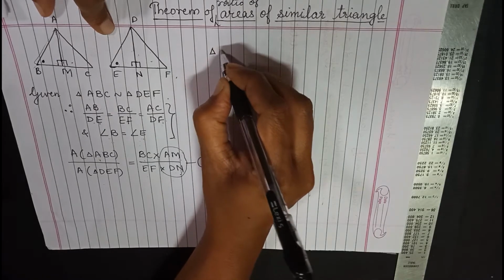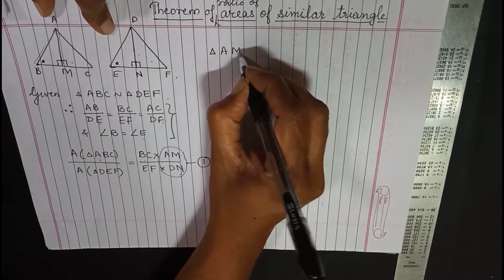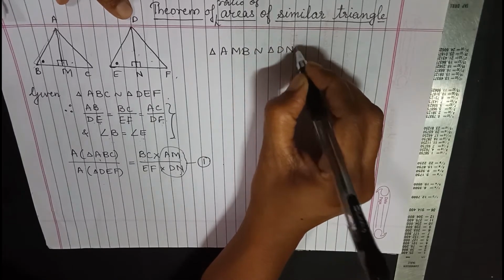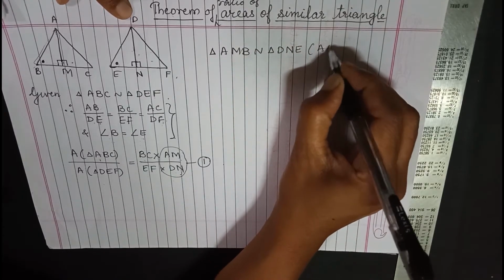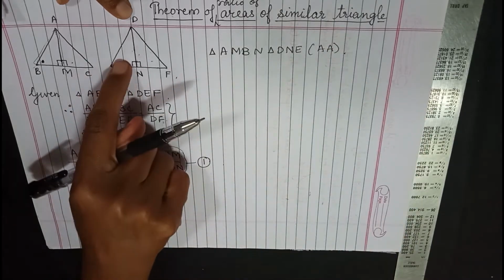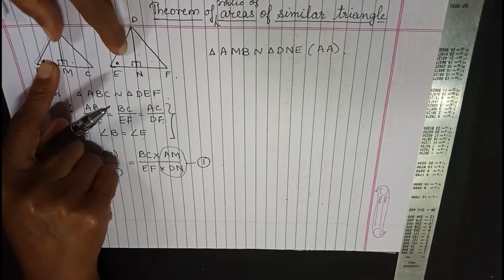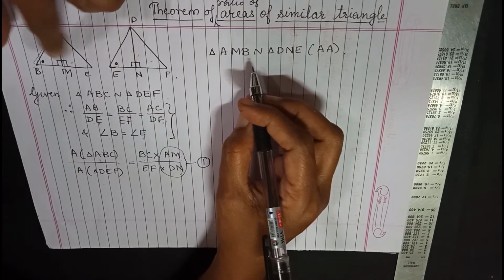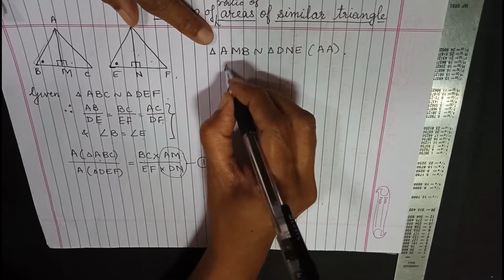So just now what I proved is that triangle AMB is similar to triangle DNE by the AA test of similarity. That is, this small triangle and this small triangle, right? Now, if these two triangles are similar, then the corresponding sides are in the same ratio.